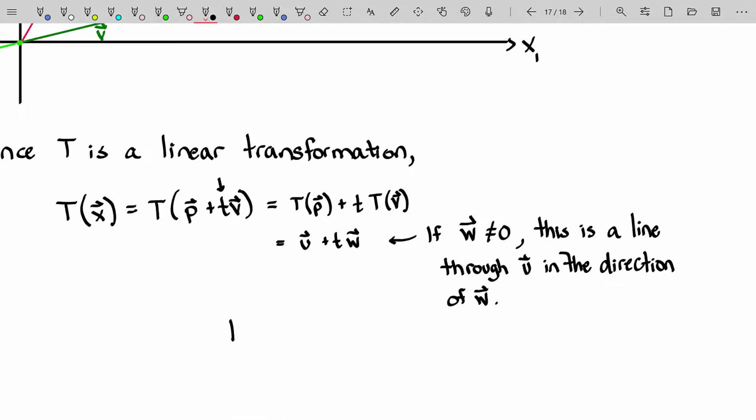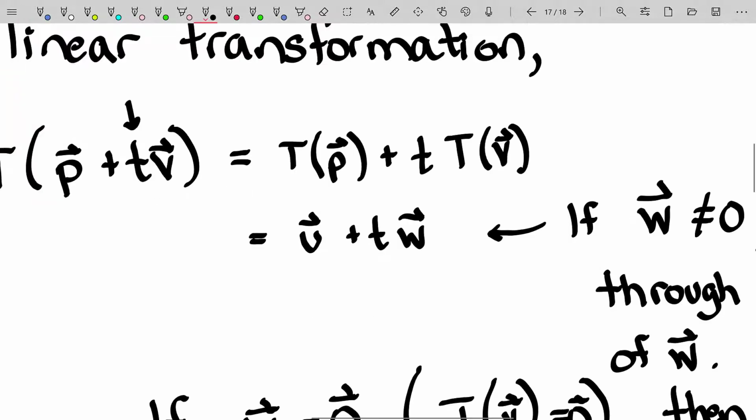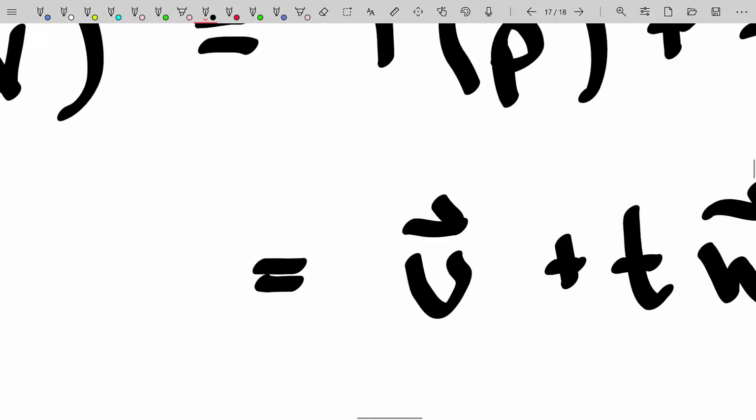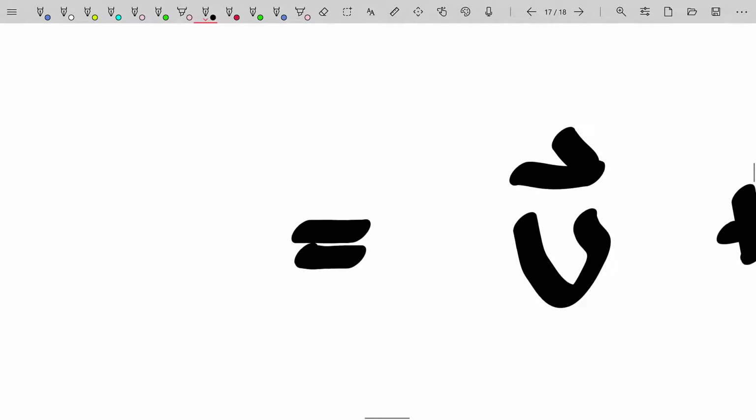If on the other hand, w is actually 0, that is, the transformation of v is 0, then this is a point. This is just a point u, and that is just because w is 0, so it would just be this vector u, which is just a constant, so it's a point.